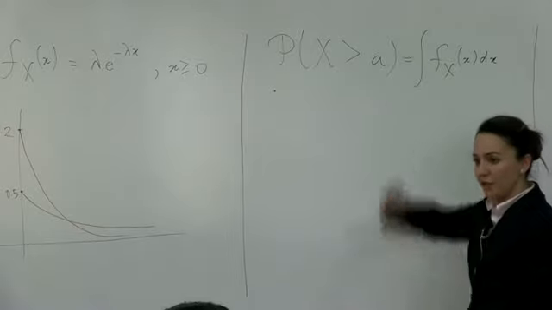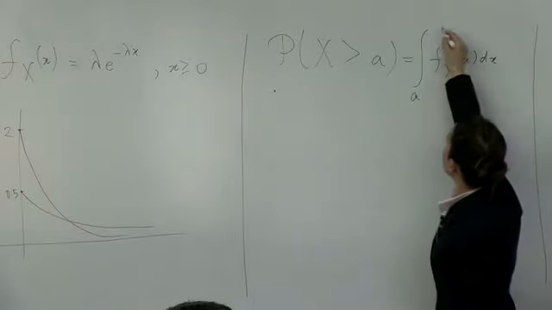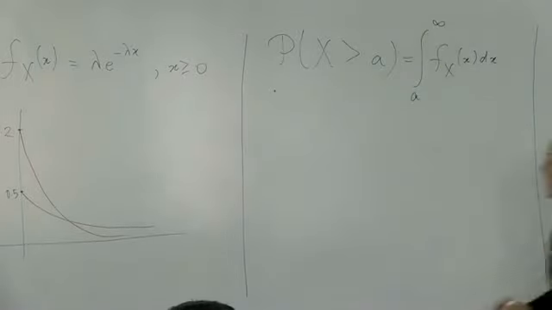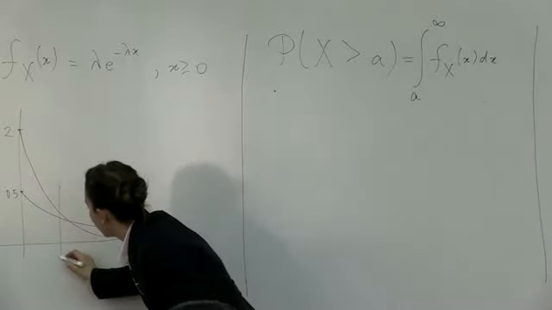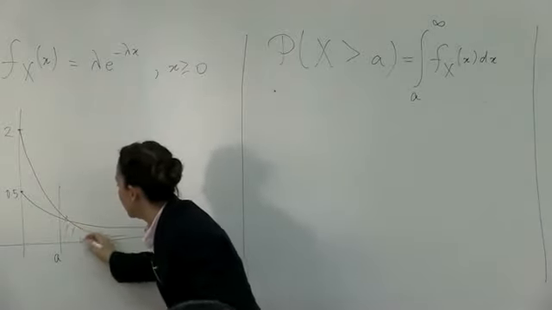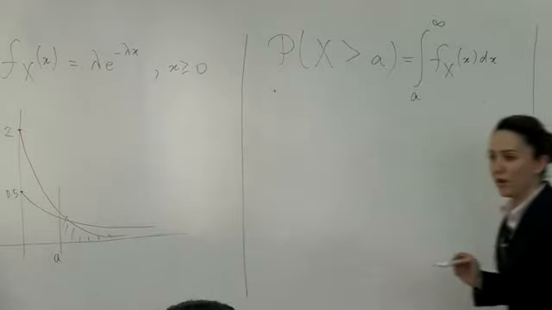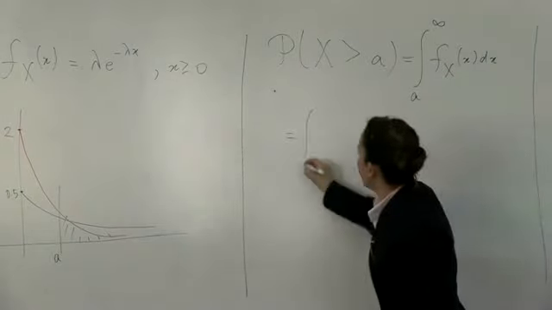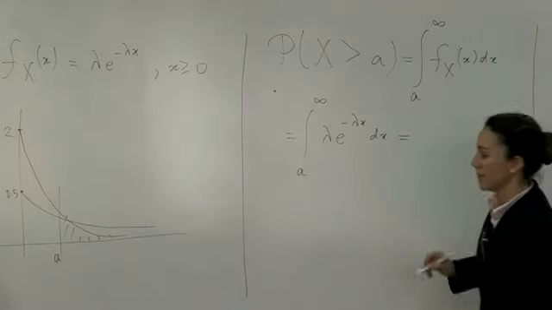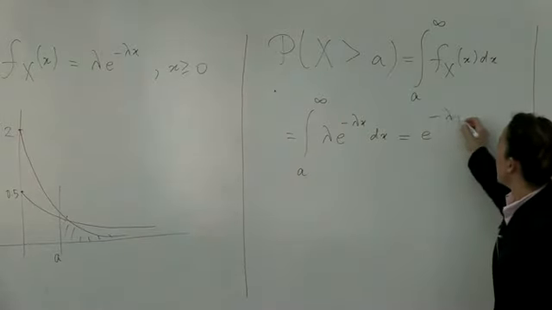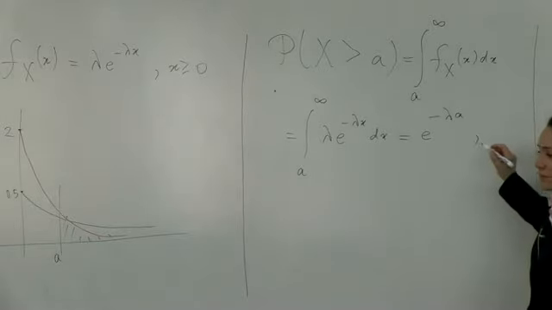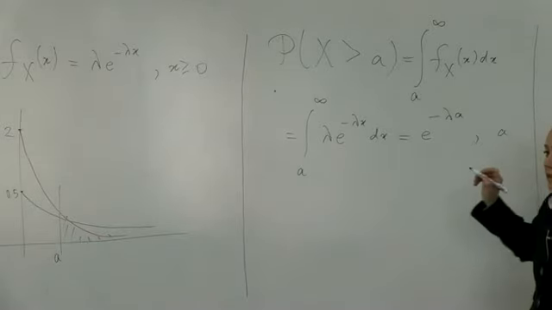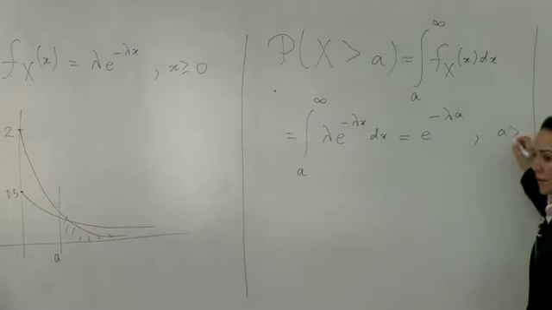From a to infinity, fx of x dx. So take an a, integrate from a to infinity. What do you get? From a to infinity, lambda e to the minus lambda x dx. You get e to the minus lambda a, provided a is positive.